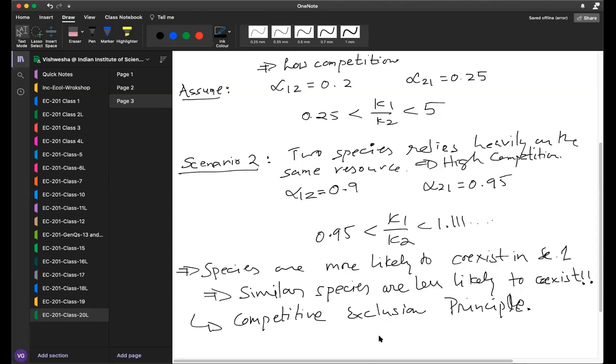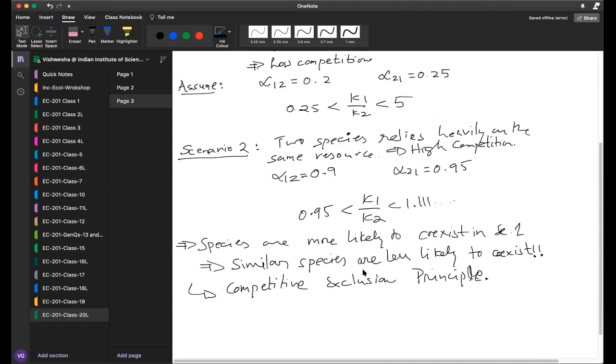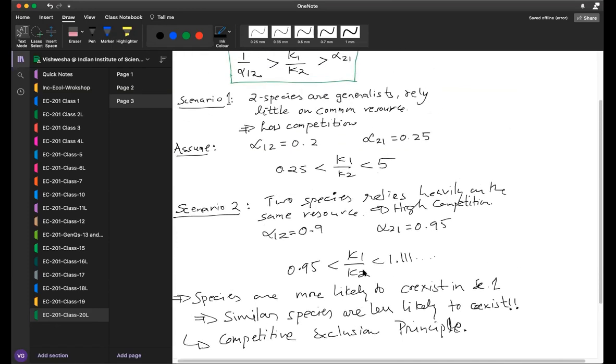Yeah, understood, thanks. Okay. Saying similar species, you're referring to like the alpha values or the K values? So this is a good question. Why are we saying they're similar species, right? When we say similar species, in terms of the resource consumption, so they are identical species in some sense.